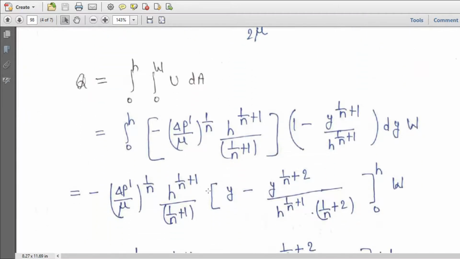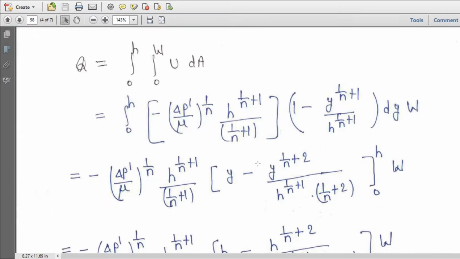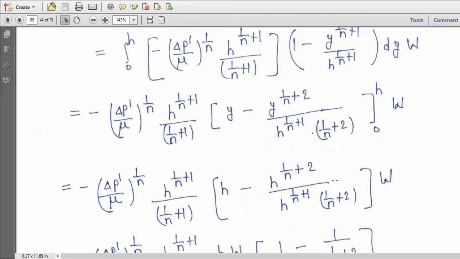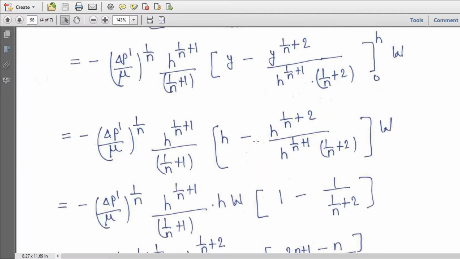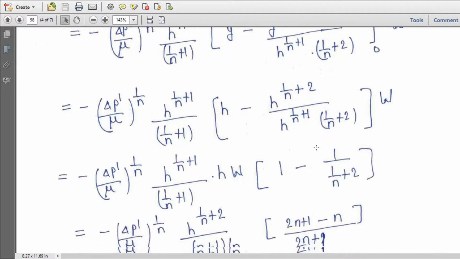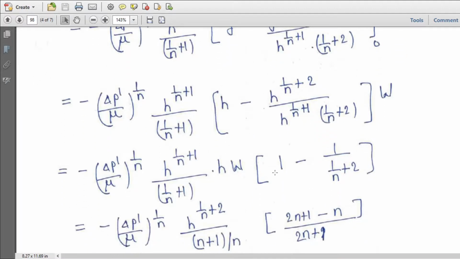Now the volumetric flow rate can be found from v dot dA, where A is the area. So we have the expression for velocity multiplied by dA, that is dy into dz. If we integrate this expression over the entire gap or thickness of the fluid, so 0 to h, substitute the limits and arrange it properly, you will end up with 1 − 1/(n + 2).